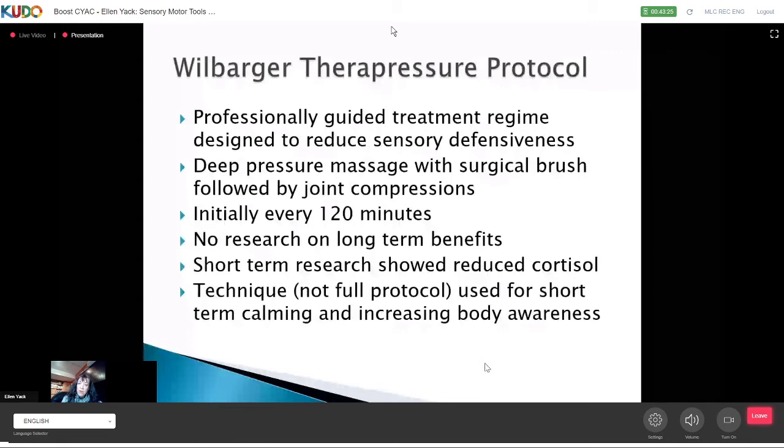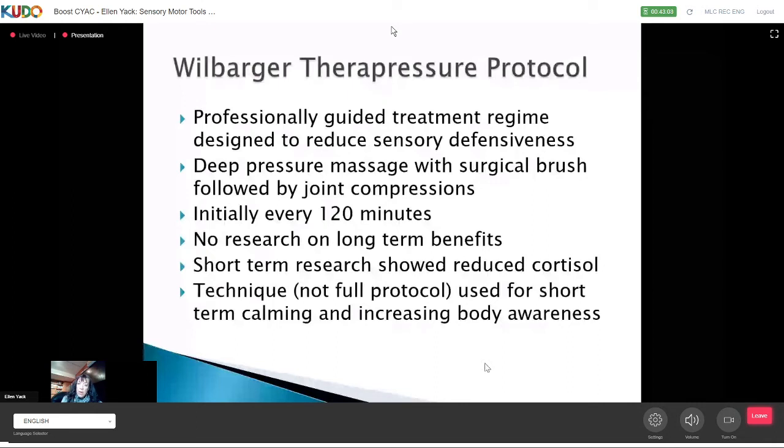So they use it for its short-term function of producing a sense of calm. And it's very similar to a massage. Deep massage, any kind of deep pressure to muscles, joints, tendons, and ligaments provides neurotransmitters, dopamine, for example, to the brain that has a calming effect.